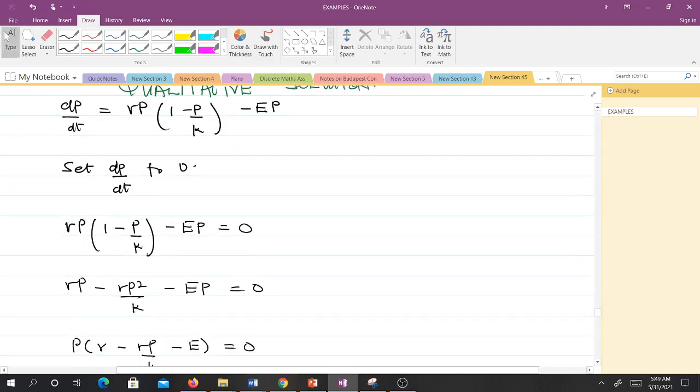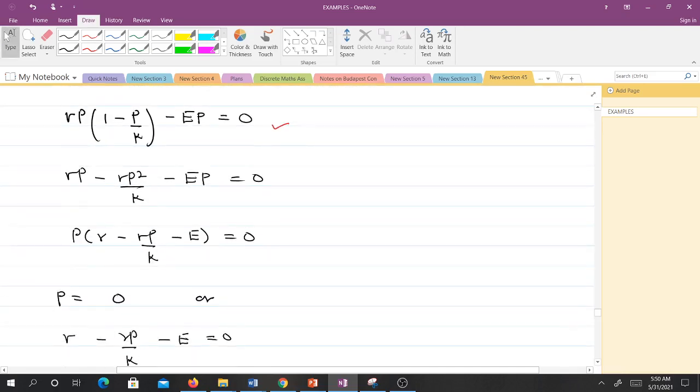And that will give us RP times (1 minus P over K) minus EP equals 0. When you multiply through by RP, we get RP minus RP squared over K minus EP equals 0. And when we get this, you can see that we have P as a factor in all of them. So we can factorize P out, and we get P multiplying (R minus RP over K minus E) equals 0.